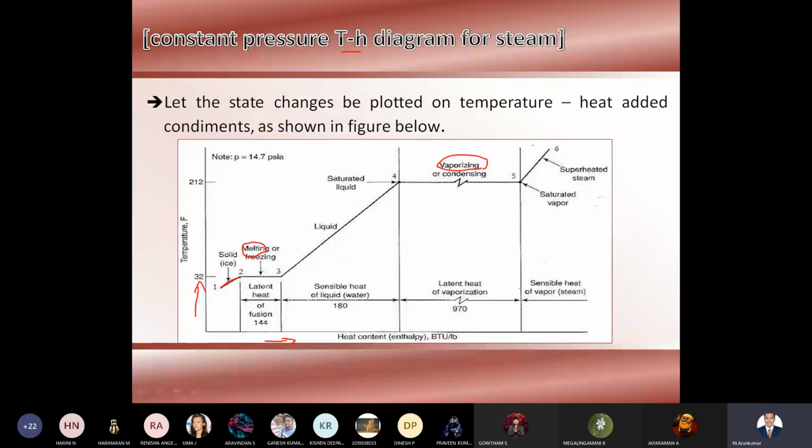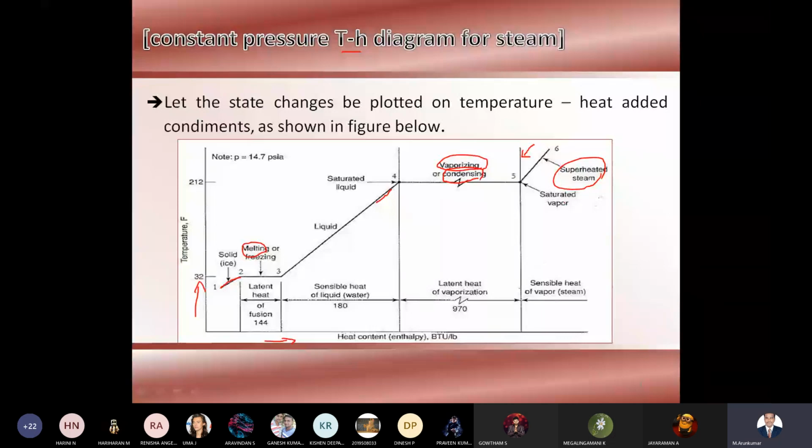The process is reversible. If you take a superheated steam and reduce the temperature, the process will be reversed like this. Again the process will be reversed like this. Then the final temperature of ice will be reached. So during forward motion there will be melting and vaporizing, and during reverse motion there will be condensing.